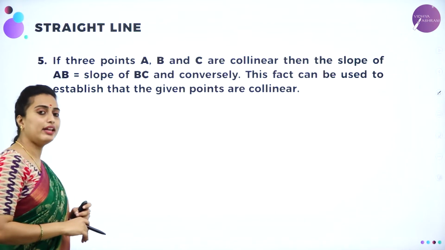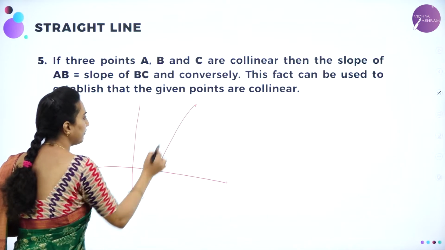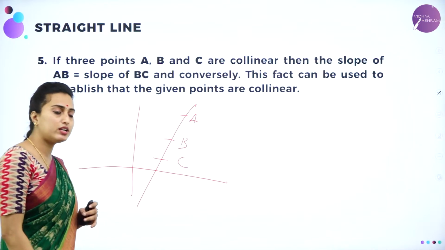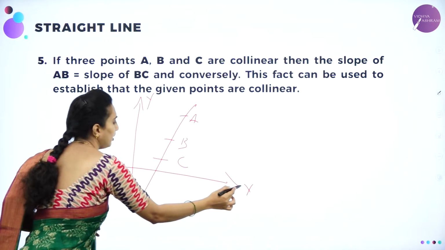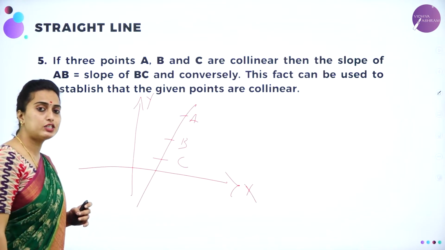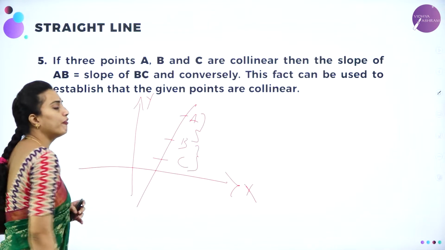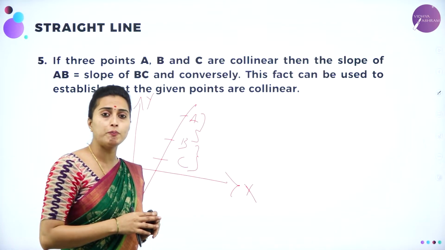Now the next point: three points A, B, C. This is the x-axis, this is the y-axis, right? These points are said to be collinear if the slope of AB is equal to the slope of BC, that is, if the slopes of any two pairs of points are equal.